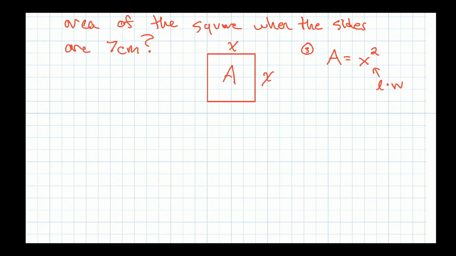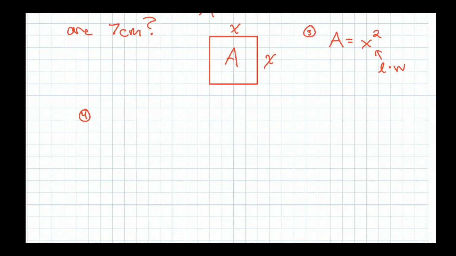The next thing we were supposed to do is write down what we know. So the idea here is if we have A and x, there's actually four things we can talk about. We can talk about x, we can talk about A, we can also talk about dx/dt, and we can also talk about dA/dt.